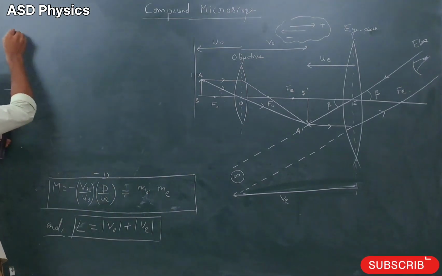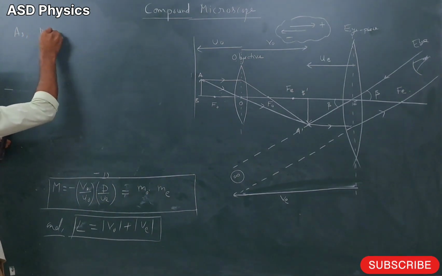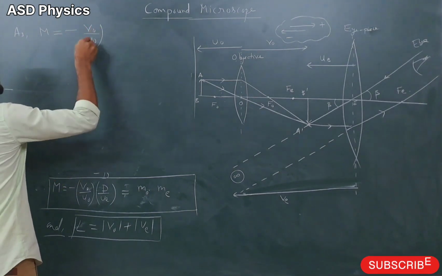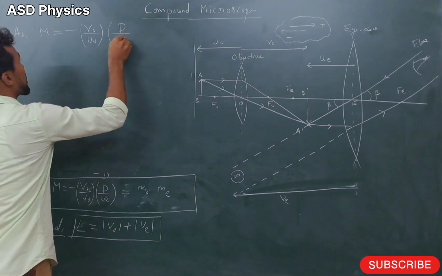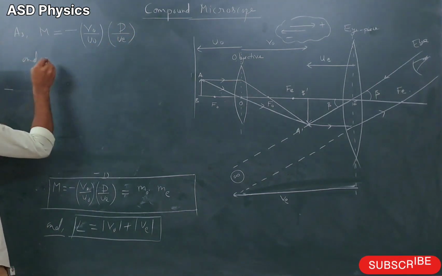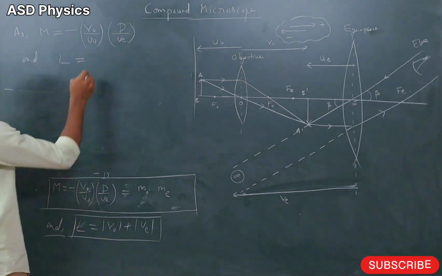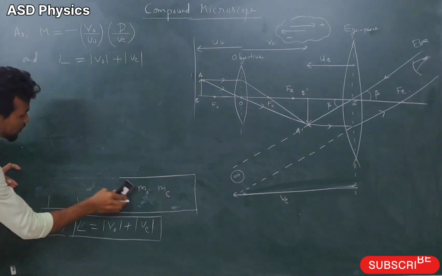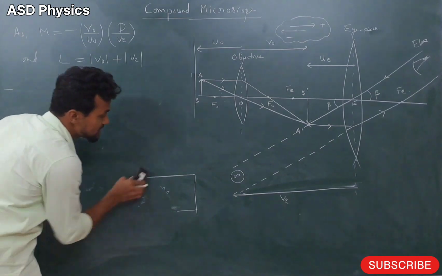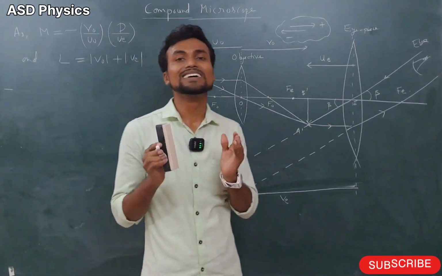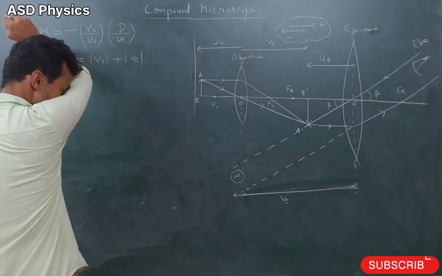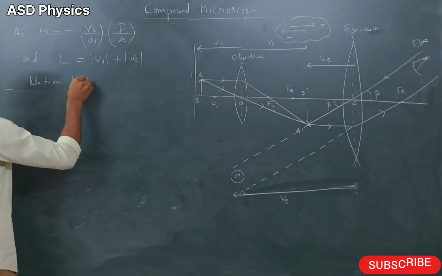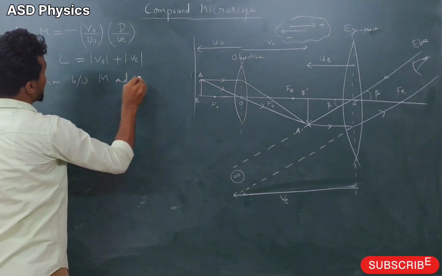What we have got as magnification came from here: minus V0 by U0 into D by UE, and length is mod V0 plus mod UE. So what I told you, we are going to find out the relation between length and the magnifying power, that is, the relation between M and L.